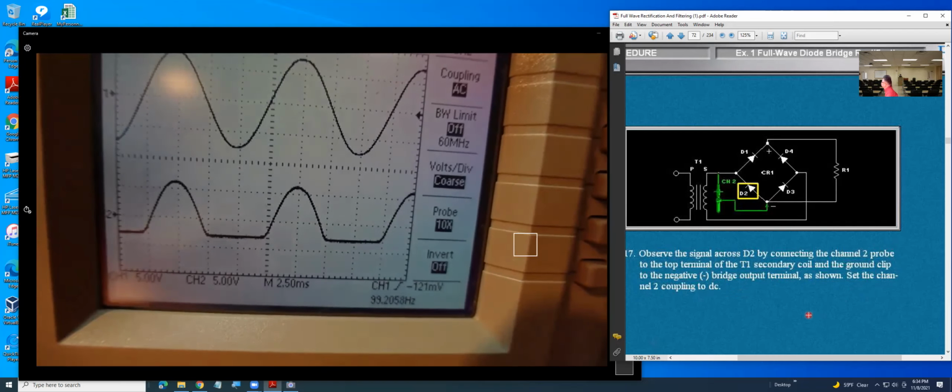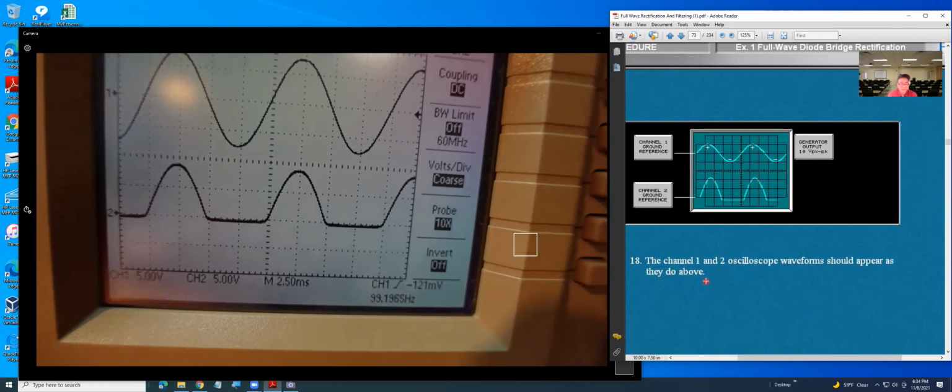And the signal will look like this. So exactly you can see that.